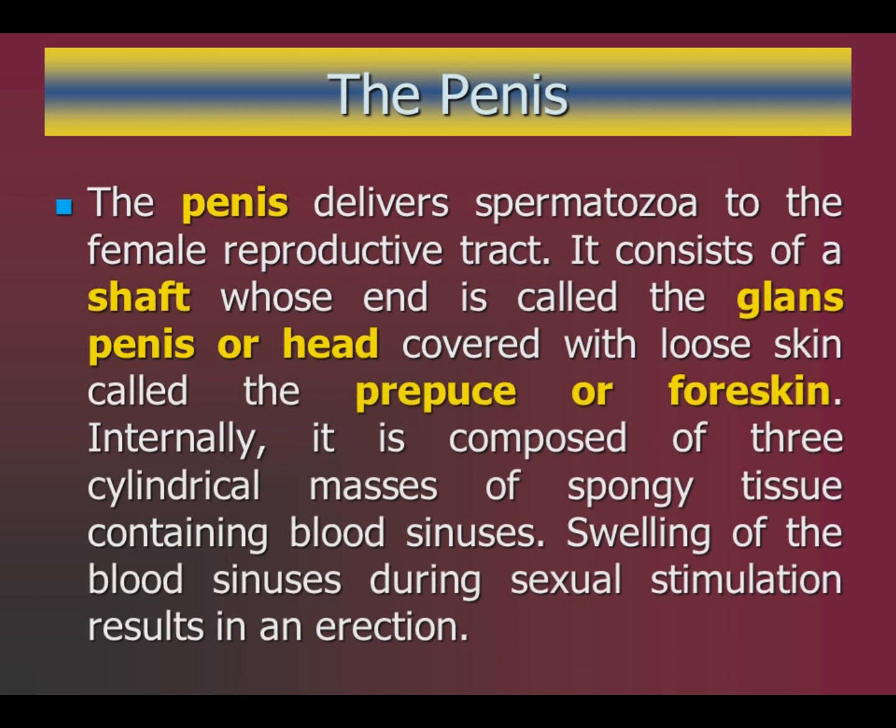The penis is used to introduce or deliver spermatozoa into the female reproductive tract by being inserted into the vagina. The penis consists of a shaft whose distal end is a slightly enlarged region called the glans penis or head, which means shaped like an acorn. Covering the glans penis is a section of loose skin called the prepuce or foreskin.